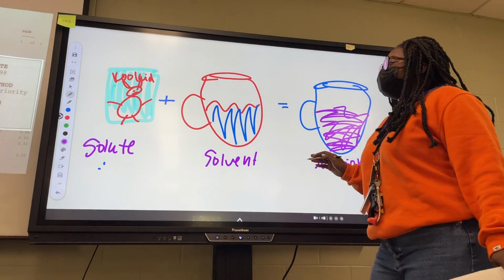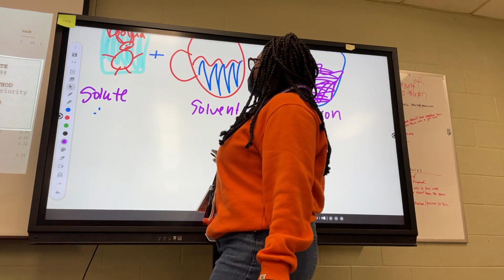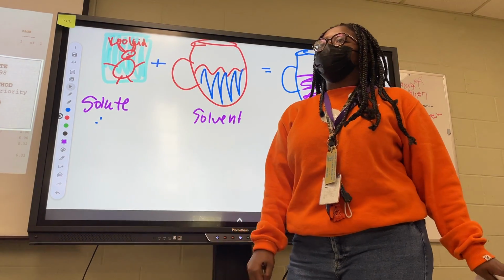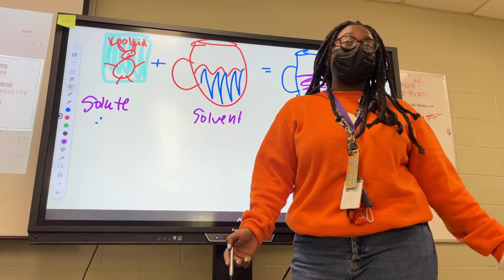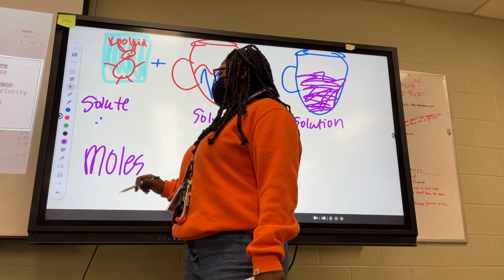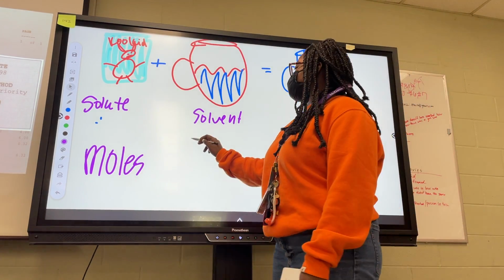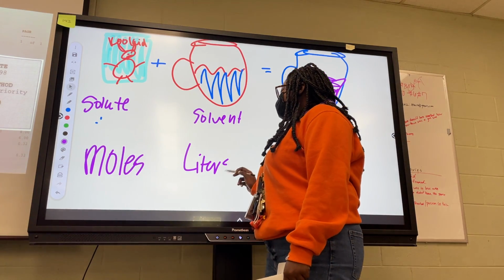If I'm looking at this in chemistry land, I've got a solute, which is like a powder sometimes. That is going to be measured in moles. And I have my solvent, which is going to be measured in liters.